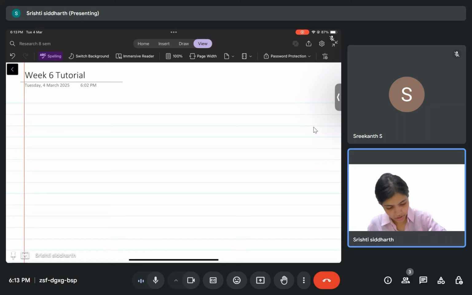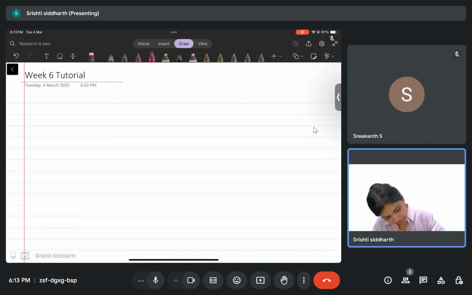Write down the topics which we are going to cover today. First one is the concept of cyclic matrices.